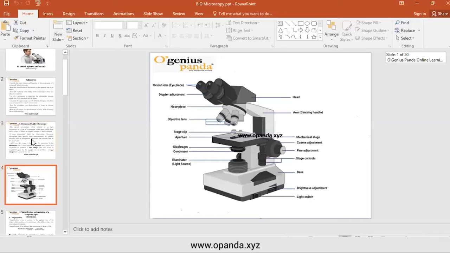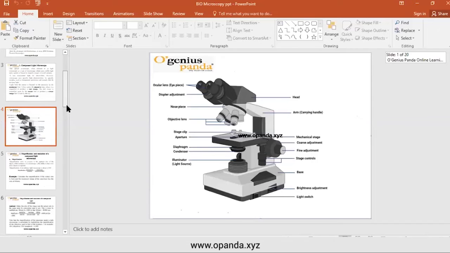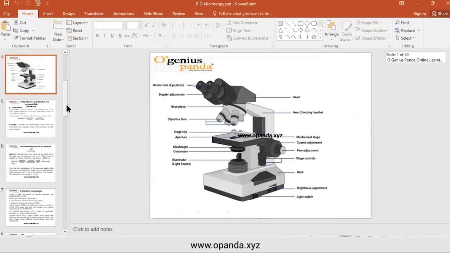Even though we don't have it now, I searched for a diagram or picture of a microscope. First of all, we see the ocular lens or eyepiece, and through it we see the objects.